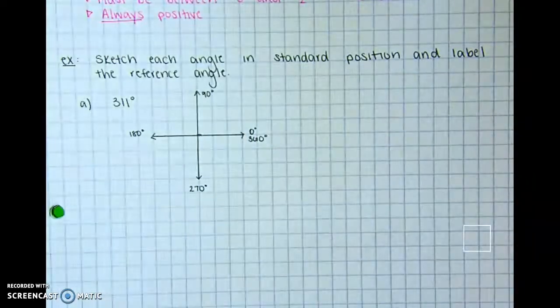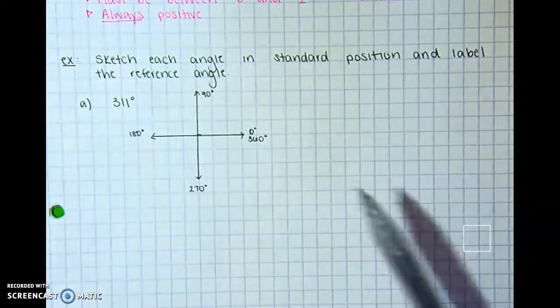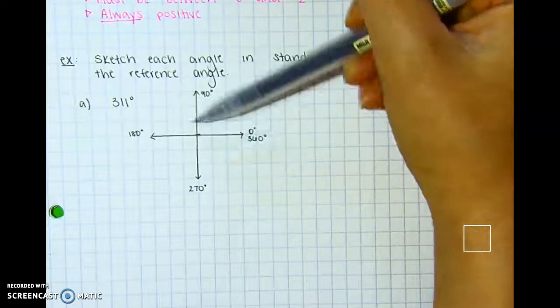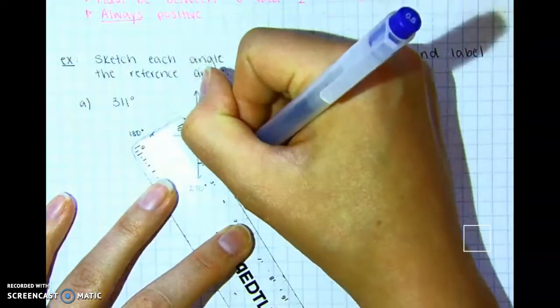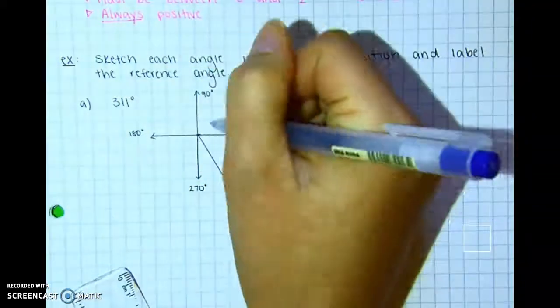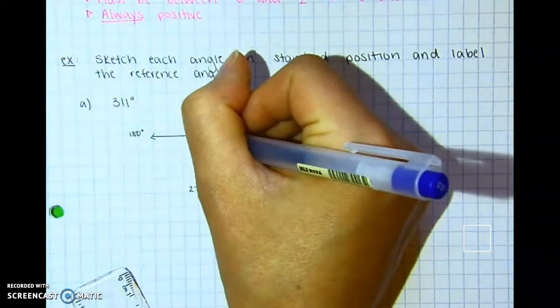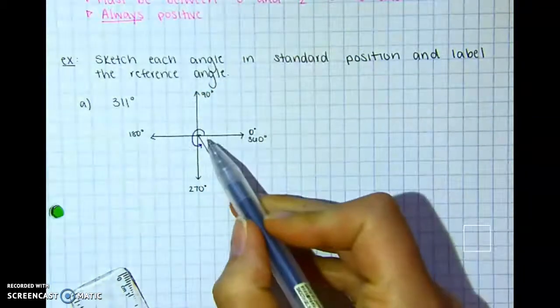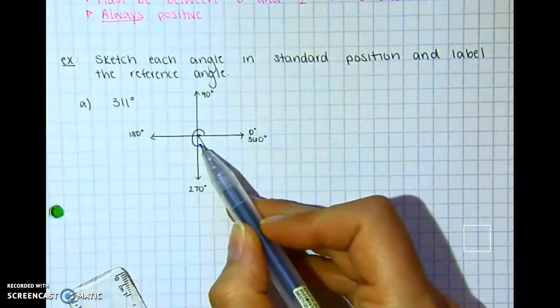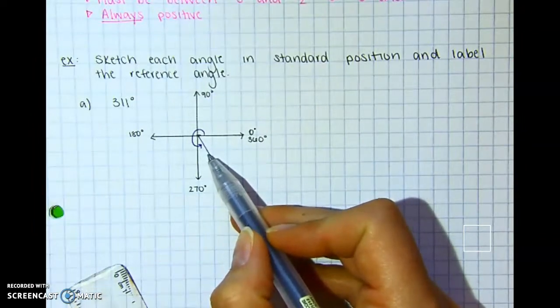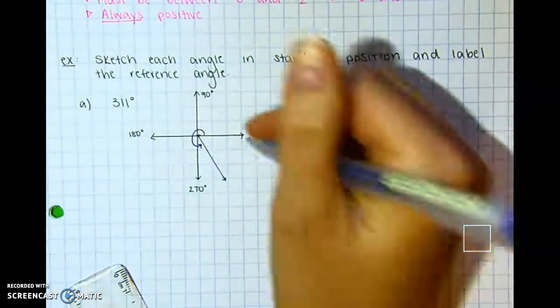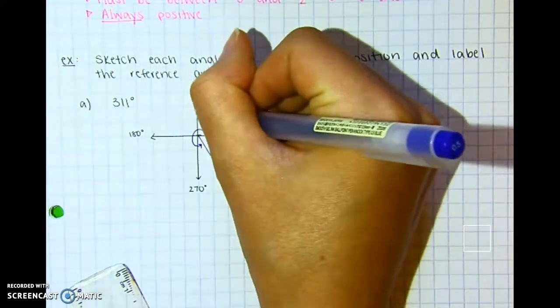If we want to graph 311 degrees in standard position, it's going to be somewhere over here. It's a positive angle, so remember, we start on the initial side and have an arrow going in a positive direction toward the terminal side. And then we label this as 311 degrees.